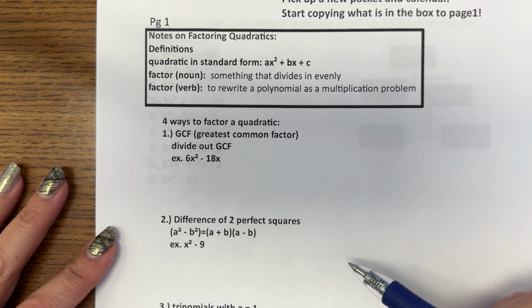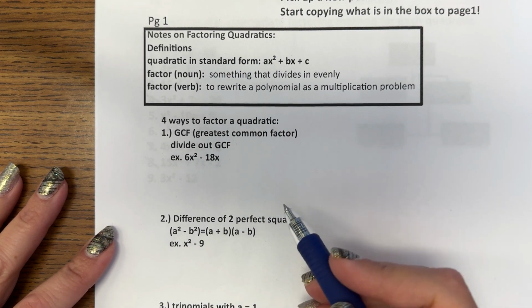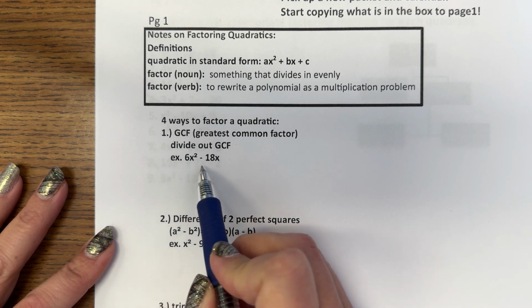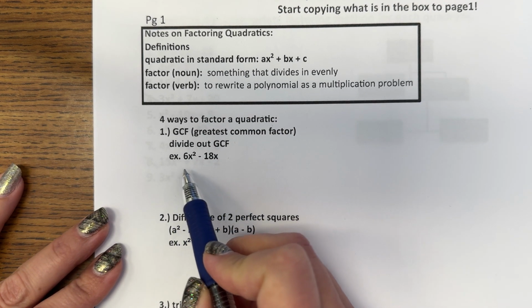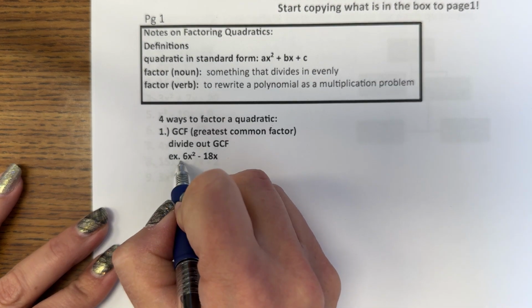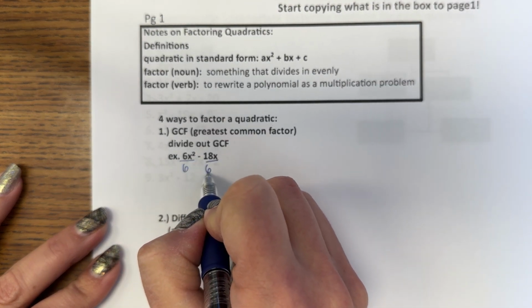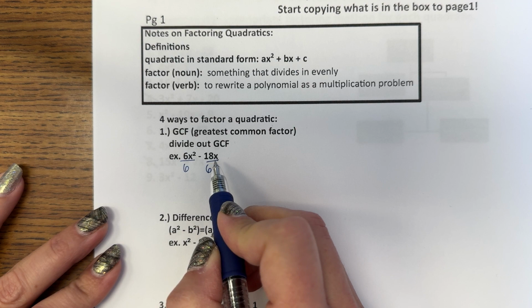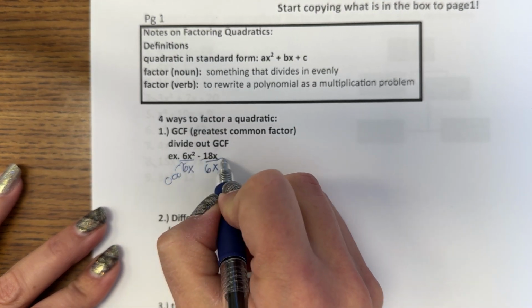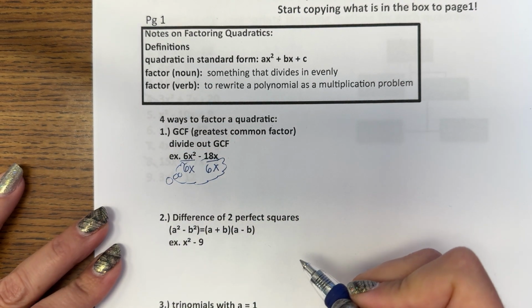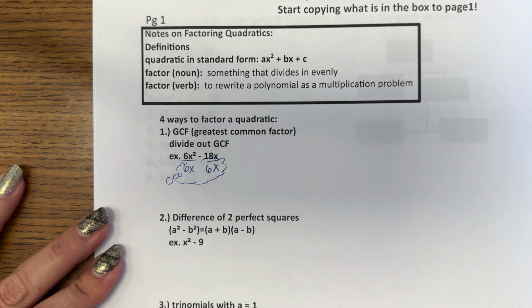And greatest common factor, we think, what divides evenly amongst all the terms? So we have 6x squared and 18x. 6 and 18 both divide evenly by 6. And x squared and x both divide by x. But this is just our thoughts. This is our work. It's not 6x divides away.